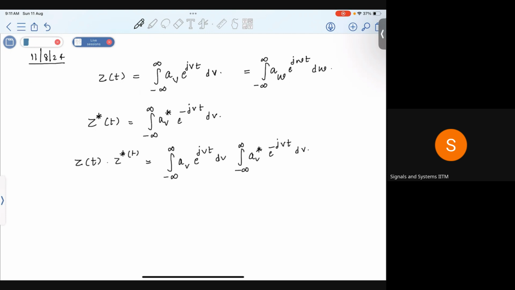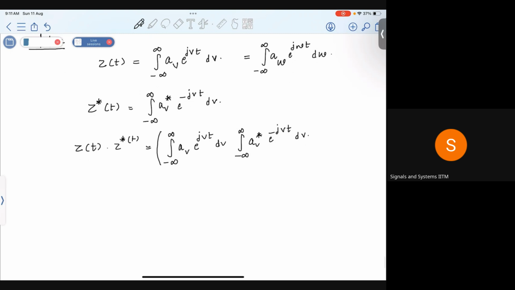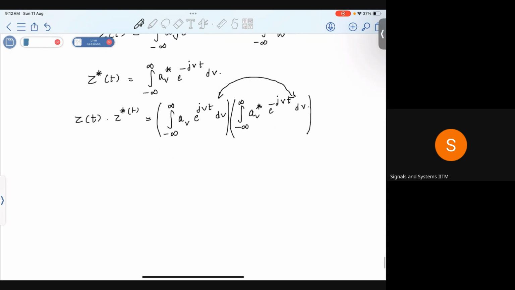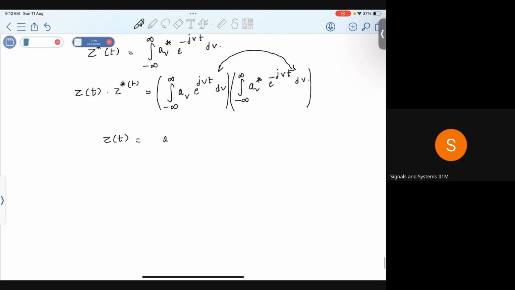When you have to do this multiplication, it is often confusing to keep them in the same variable. You can try to understand it with an example. Let me go to the discrete time domain. Suppose z of t is a0 e^(j0t) plus a1 e^(j1t) plus a2 e^(-j1t).